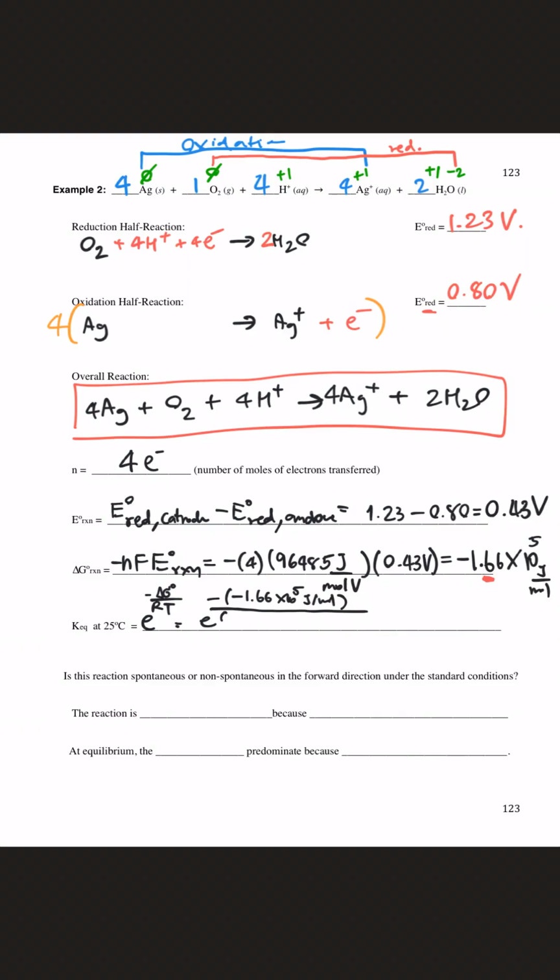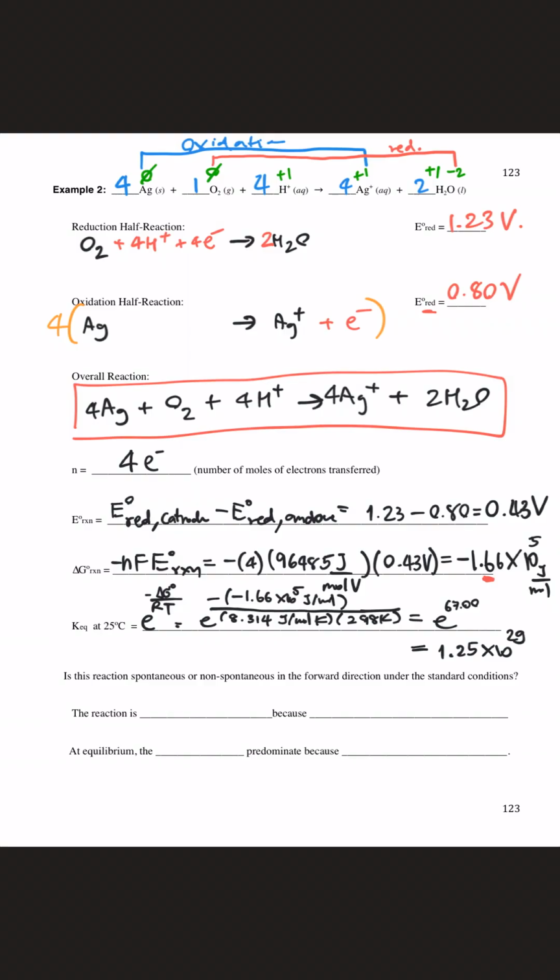Divide by the gas constant 8.314 joule per mole per Kelvin, and then temperature at 298 Kelvin because it is specified as 25 degrees Celsius, then you will get e raised to 67. Okay, so the answer will equal 1.25 times 10 to the 29th.